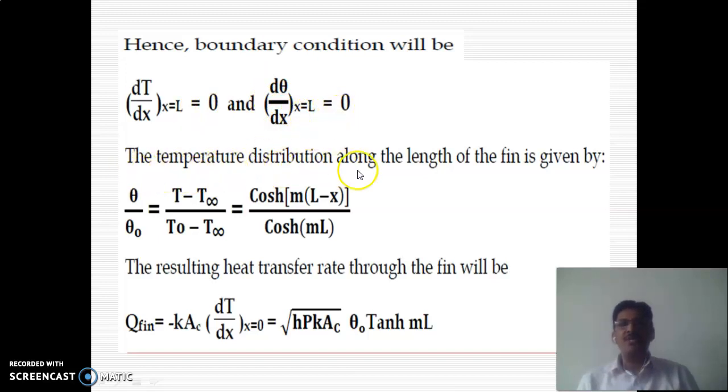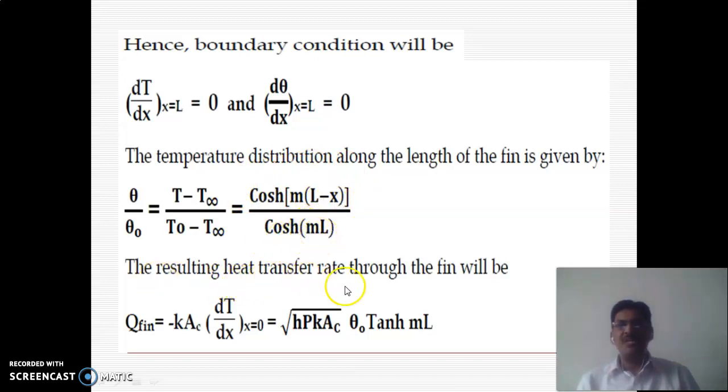The temperature distribution along the length of the fin is given by theta by theta 0, which is equal to T minus T infinity divided by T0 minus T infinity. You will get this equation: cosh m(L minus x) divided by cosh mL.